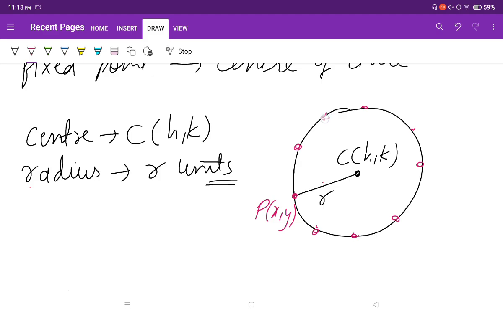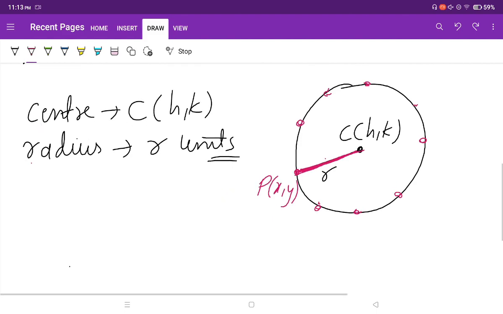What is the one thing that will remain constant? This distance, right? The distance between C and P will be r always, right? So we know CP equals r.